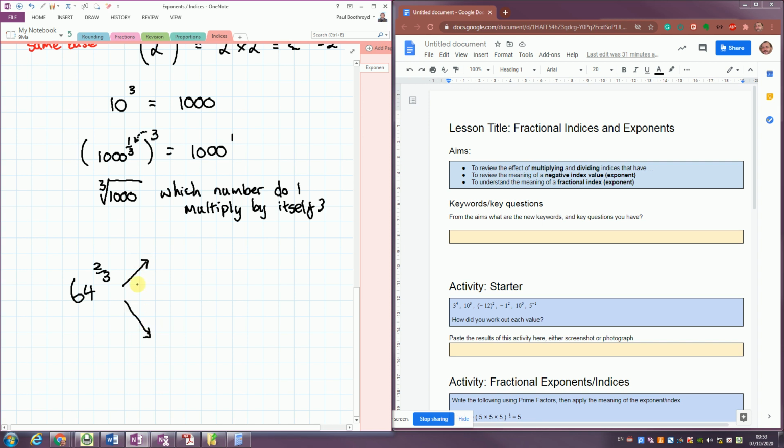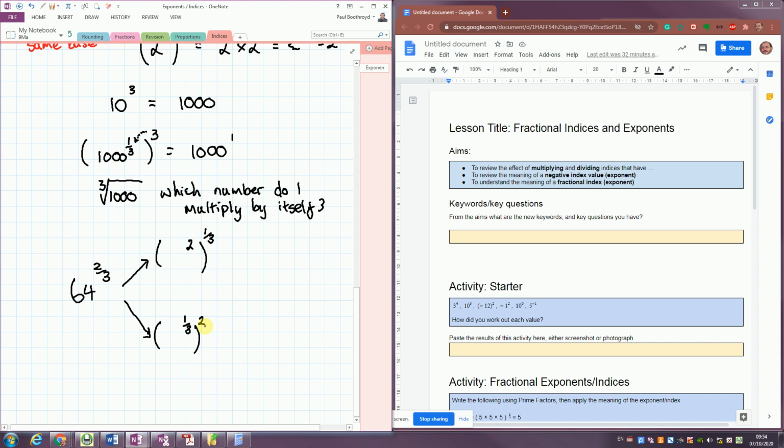It's a bit like doing this bracket. I've got a choice of which bit of this 2/3 I do first. Because I want to multiply my index to give me 2/3, I could do square first and then 1/3. Or I could do it the other way around, 1/3 and square it.